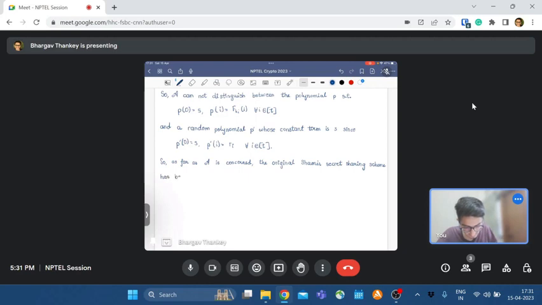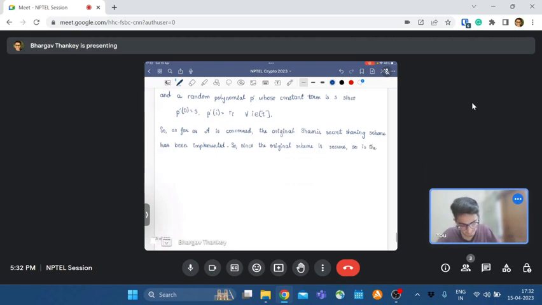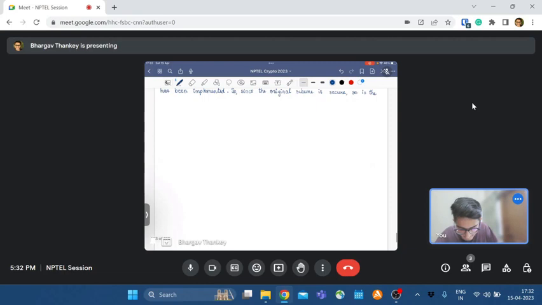Since the original scheme is secure, so is the modified scheme against a computational bound.